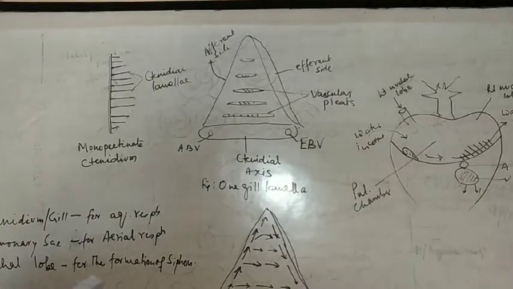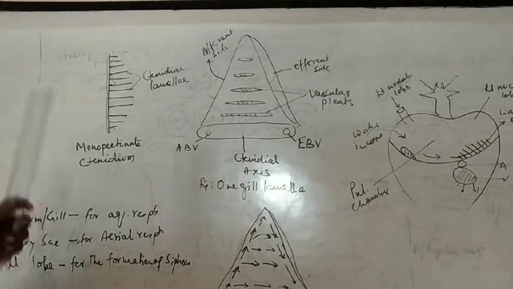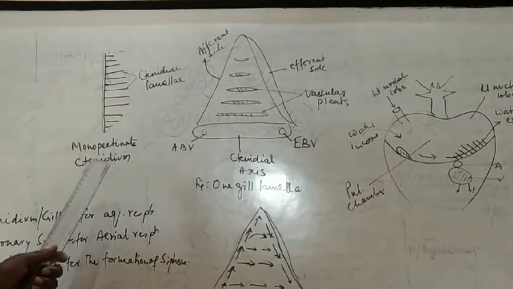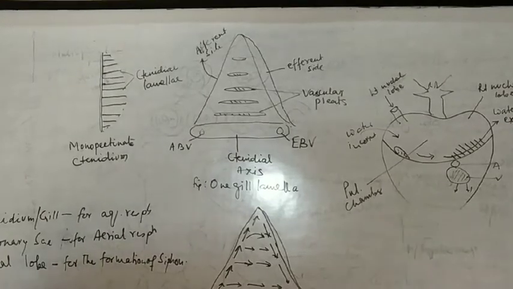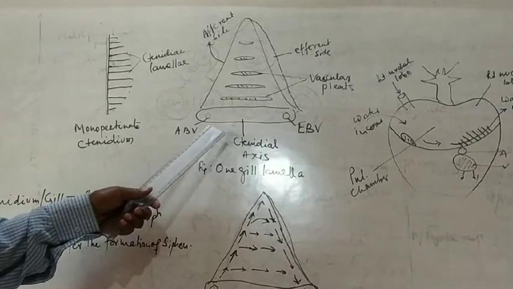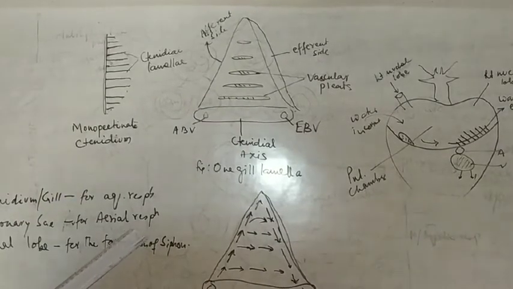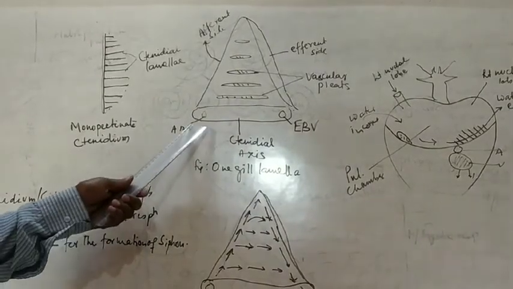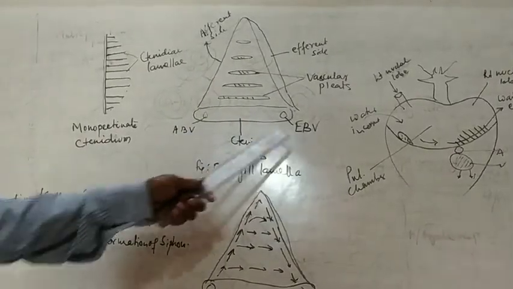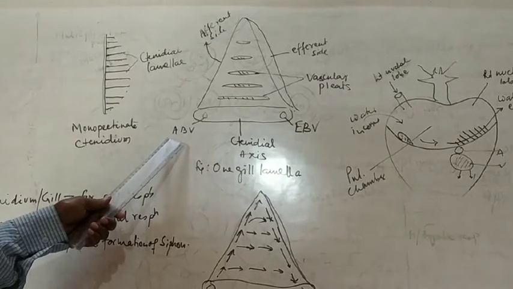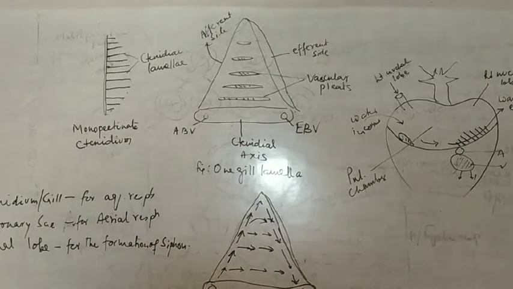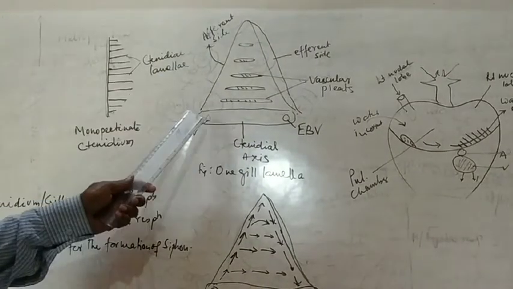Now if we go through the details of the single gill lamella, we will see that it has a ctenidial axis which includes both afferent branchial vessel and efferent branchial vessel. It is more or less triangular in shape.